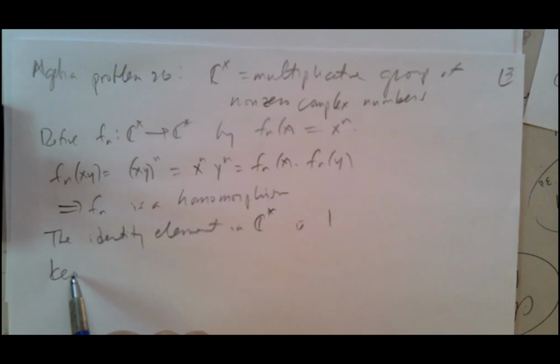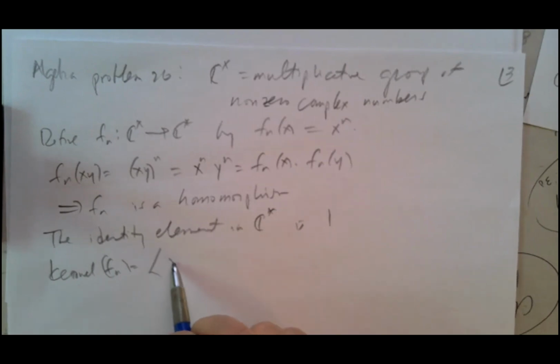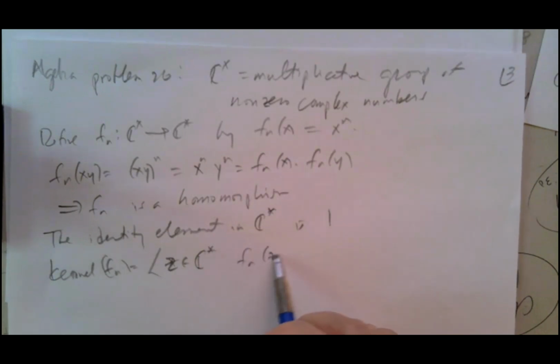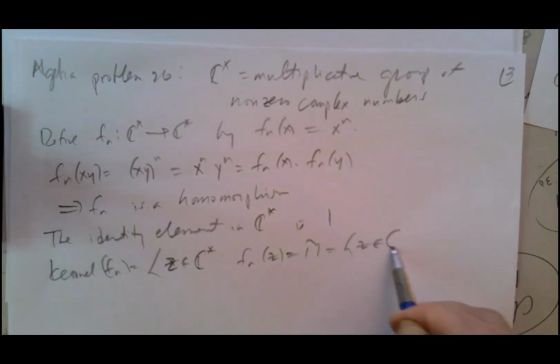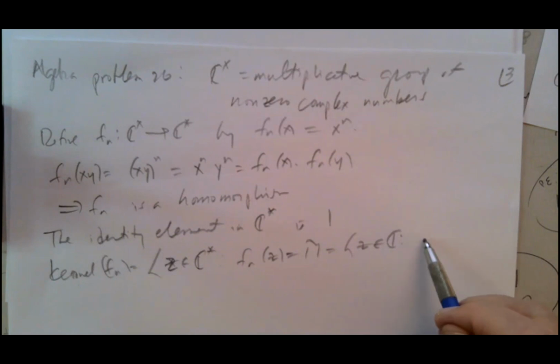So the kernel of f sub n is all complex numbers, call it z, doesn't matter, z in C star, such that f sub n of z is 1. That means all complex numbers such that z to the n is equal to 1.